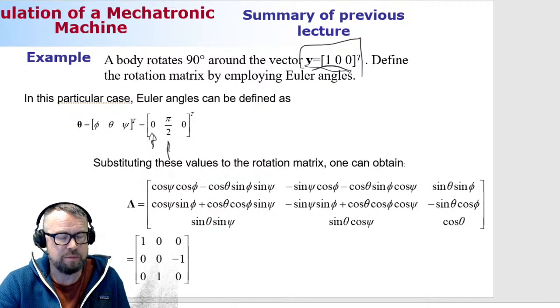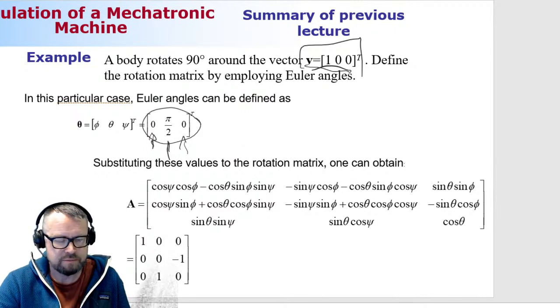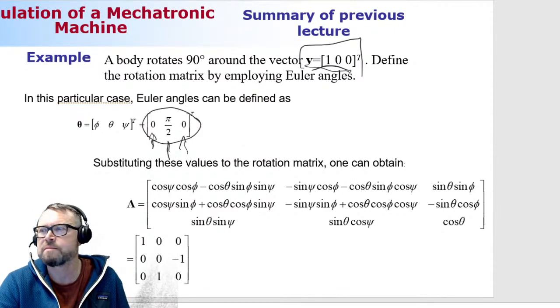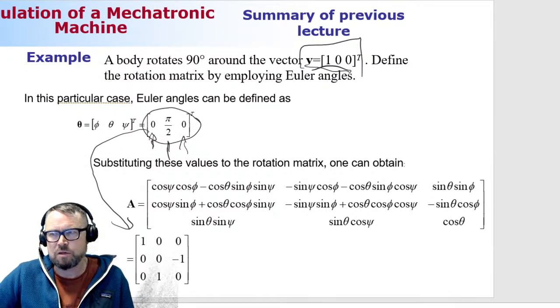The second rotation has to be pi divided by 2, because this is where the rotation takes place. The third rotation has to be 0. And once you substitute that information into your rotation matrix, this is how the final solution looks.